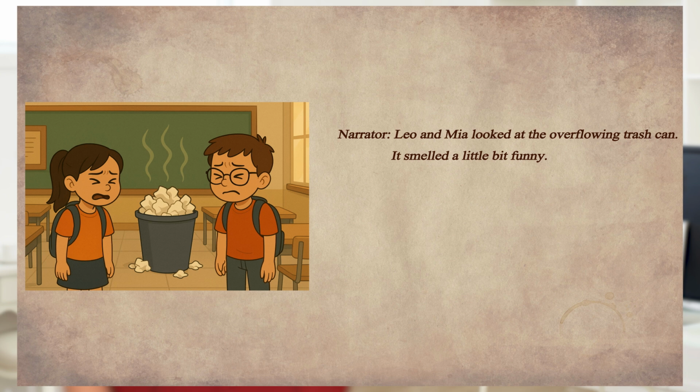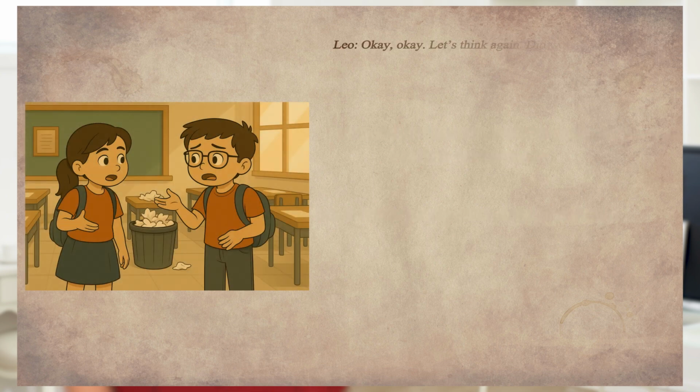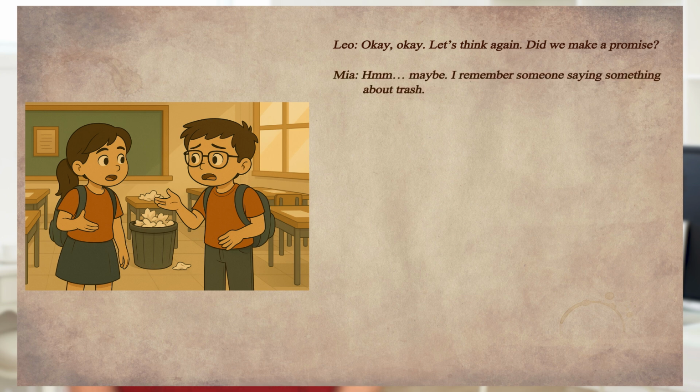Leo and Mia look at the overflowing trash can. It smells a little bit funny. Leo and Mia, together looking at the trash: It smells. Okay. Let's think again. Did we make a promise? Maybe. I remember someone saying something about trash.